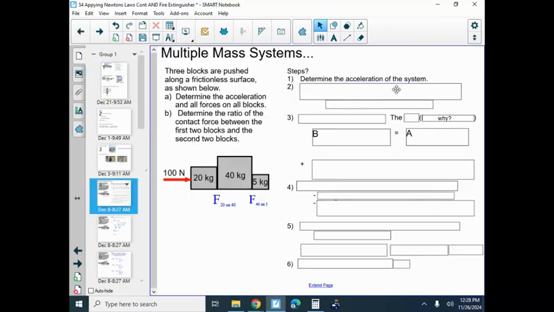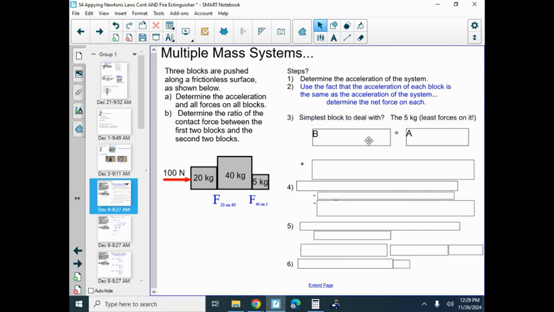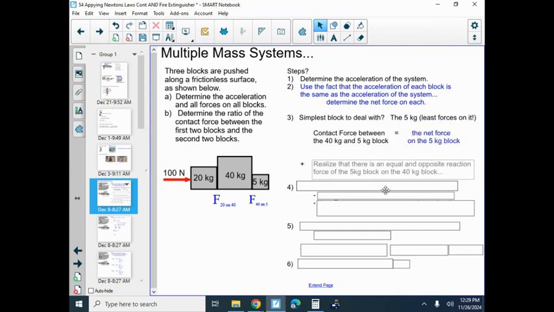So, I said I was going to do the summary here, right? So the idea of, use the fact that you get the net force on the system, and then get the acceleration of the system, and know that each part has the same acceleration. And then the simplest block to deal with, because there's the least forces on it and so on.